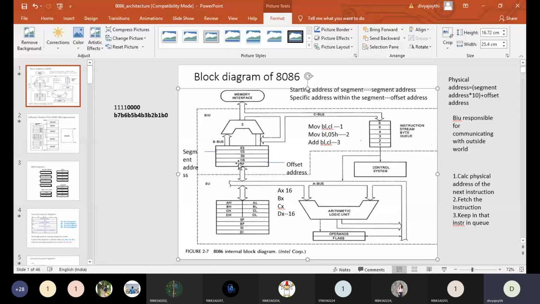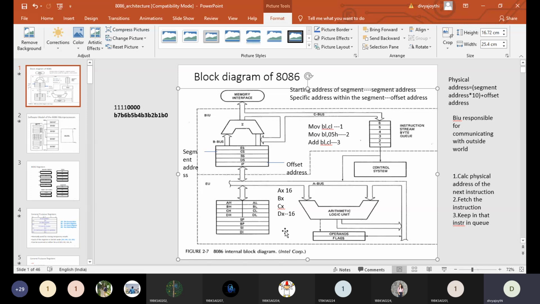Here, what does the IP store, ma'am? What does IP store? Guys, what does IP store? Offset address. So along with IP, these 4 registers will also hold the offset addresses corresponding to their segment addresses. Along with IP, these 4.